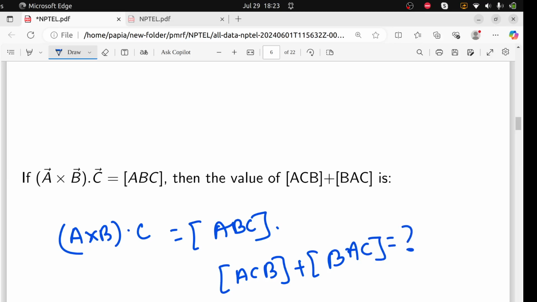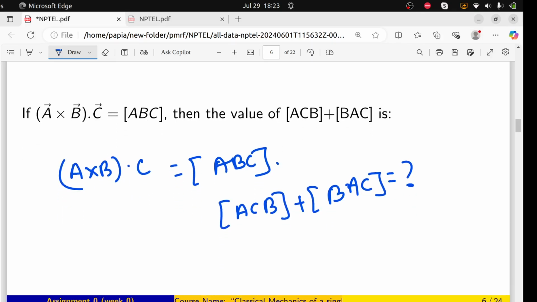That they are asking. From the notation, let me first expand these two. If it is ABC, that means A cross B dot C. If it is ACB, that means A cross C dot B.